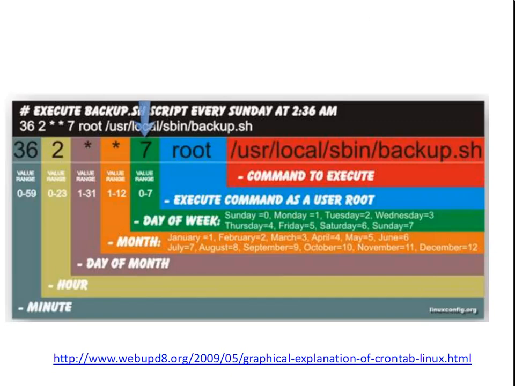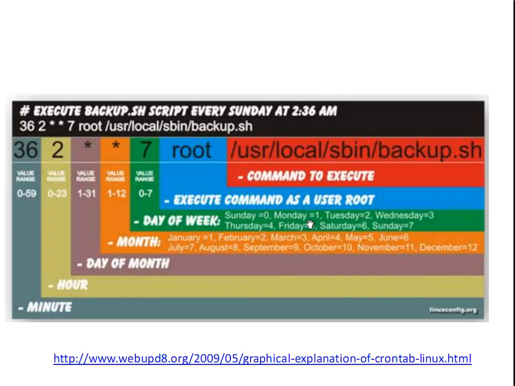The 5th column is for the day of the week, and the value ranges from 0 to 7. And this is where it gets a little weird, because Sunday is 0 and it is also 7. So whether you use 0 or 7, it always stands for Sunday. And with Monday equal to 1, Tuesday equal to 2, Wednesday equal to 3, and so on.